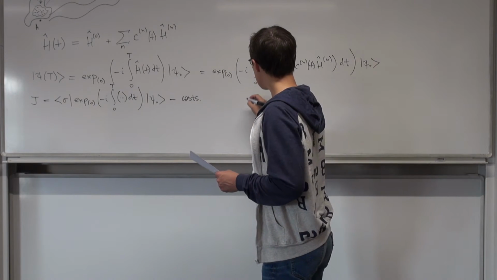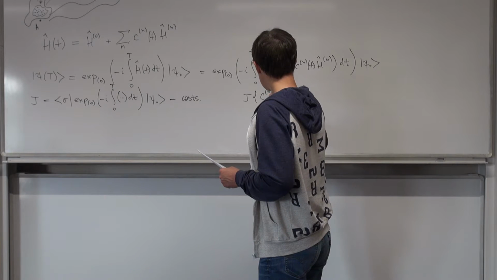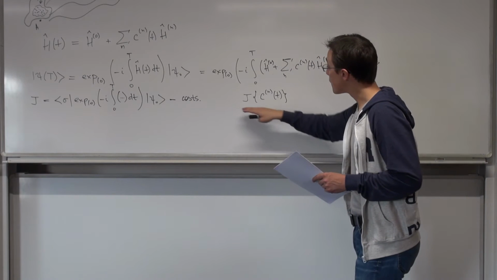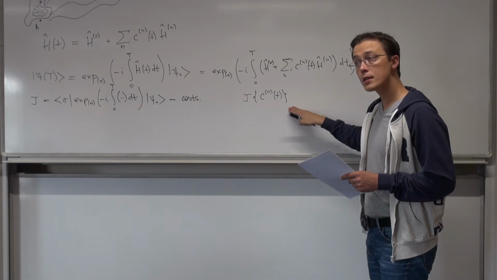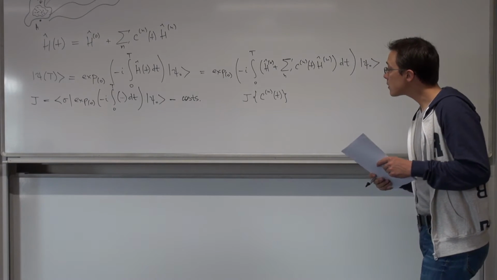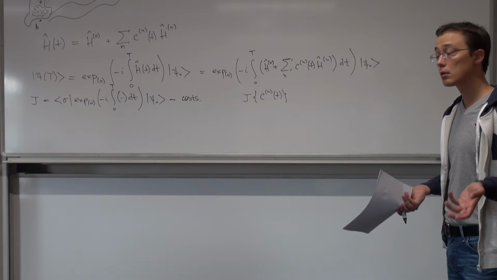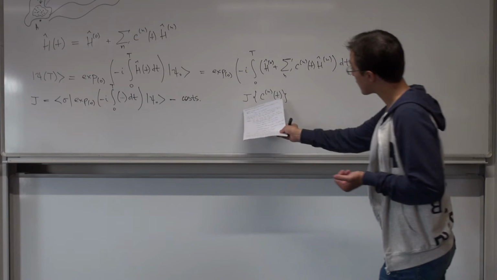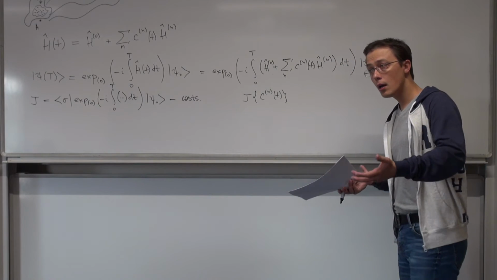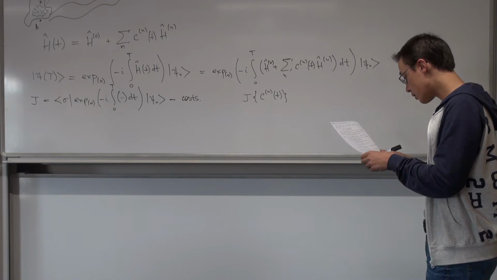So our J is in fact a functional of this C_n(t). And we would like to find a maximum of J on the space of all such functions. Now, this, in the most general case, is a variational calculus problem. We need to take a functional variation of this with respect to these coefficients, and then use that variation as a gradient in the minimization procedure.